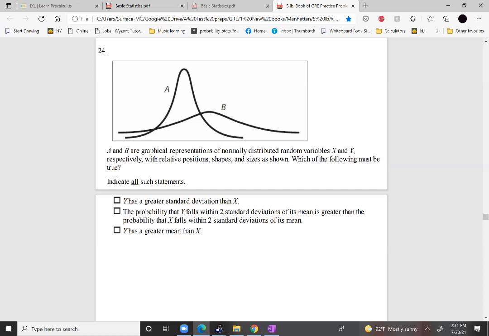Y has a greater standard deviation than X. That would be false. B. B only? No. When you're talking about the second one, no, the second one is not.